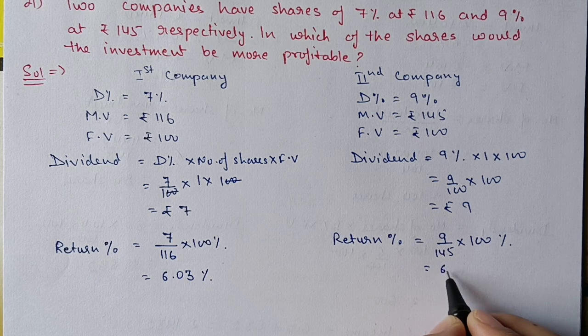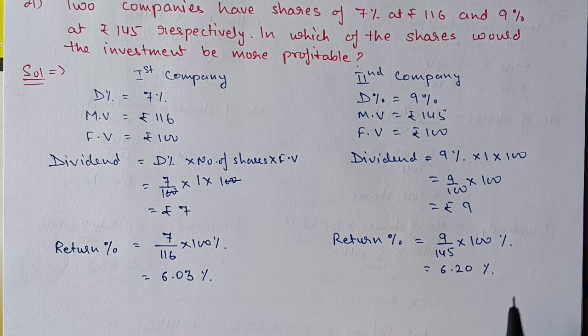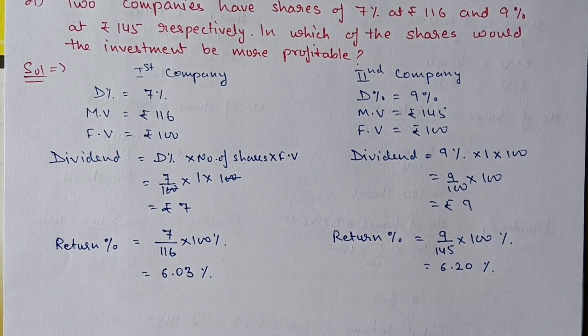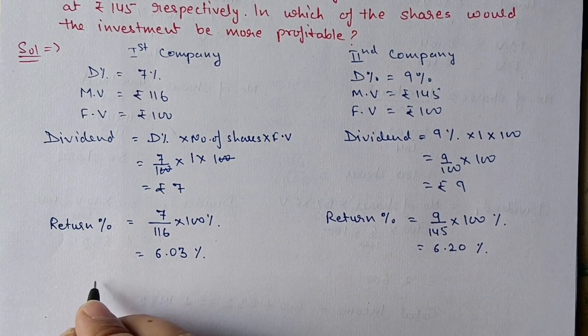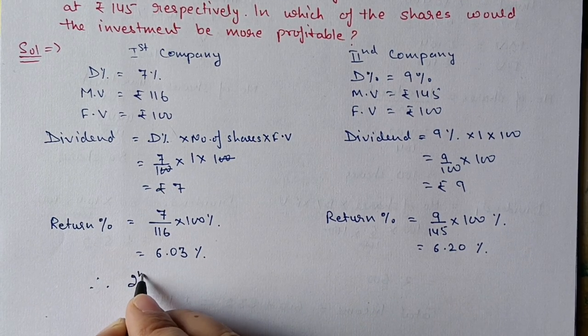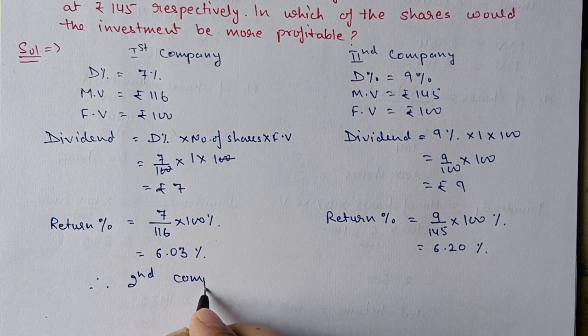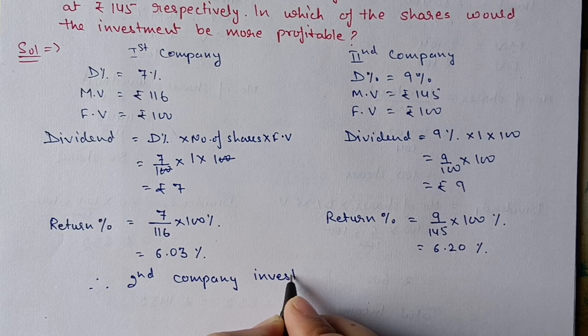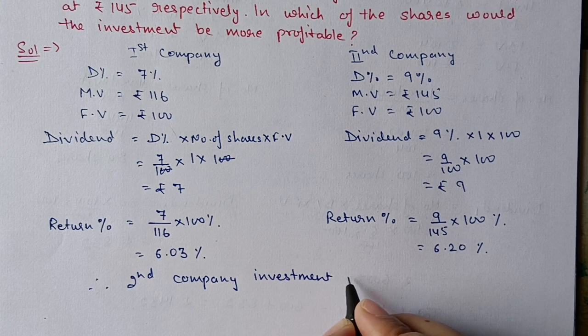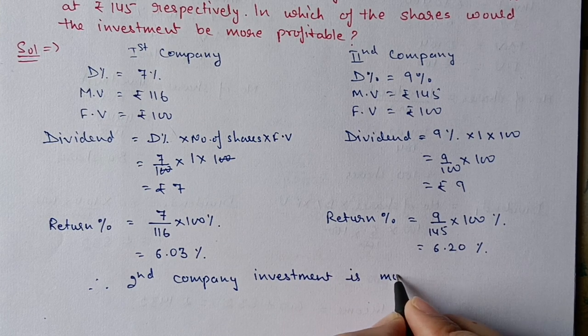After changing into decimal we will get 6.20%. So you can see here that the second company's investment will be more profitable. Therefore, the second company investment is more profitable.